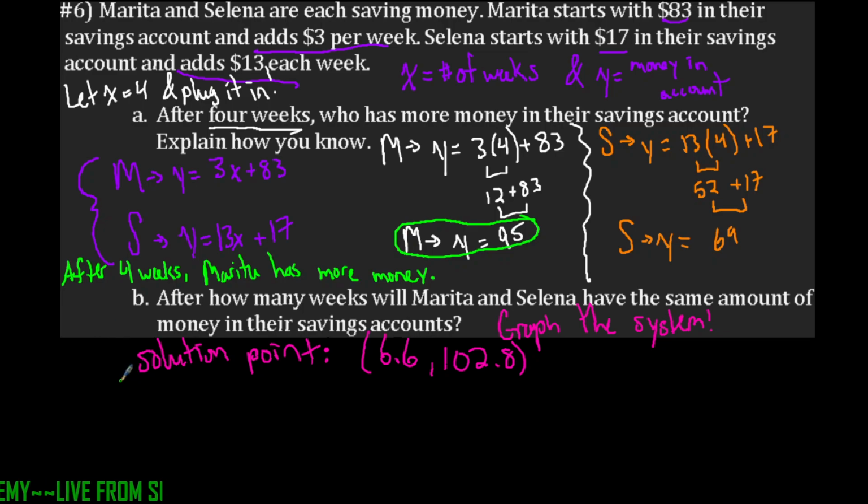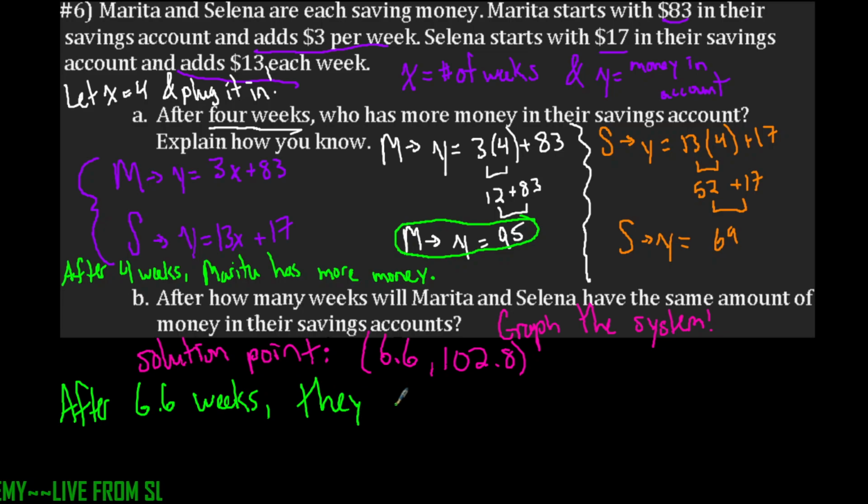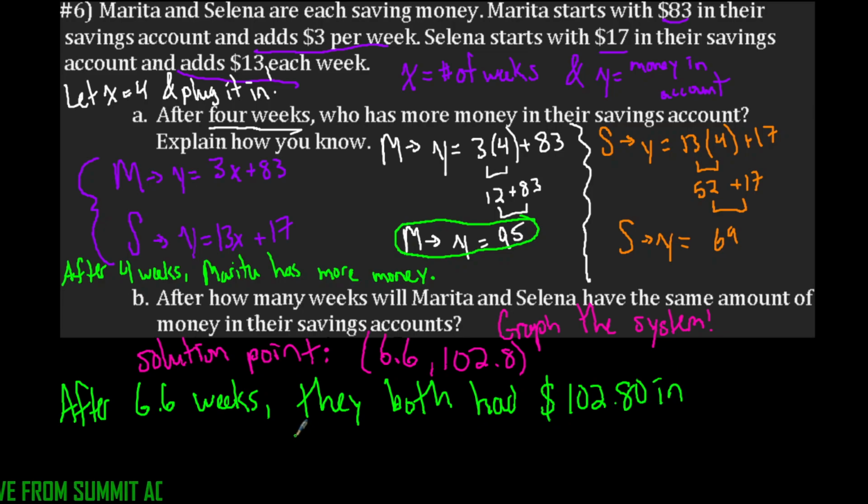We're going to say after 6.6 weeks, they both had $102.80 in their accounts. So you're just trying to find where they are equal and be able to say they're equal to.